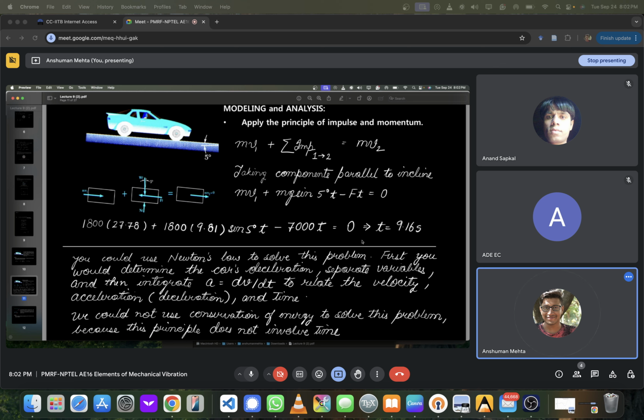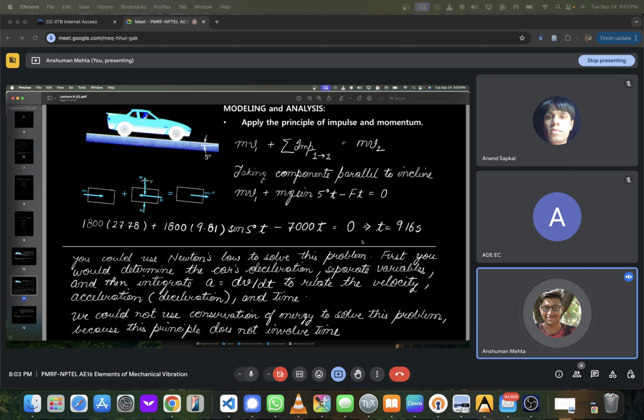Now next is question number 5. An automobile of mass 1000 kg is driven down a 5-degree incline at a speed of 72 km per hour when the brakes are applied, causing a constant total braking force of 5000 Newton.